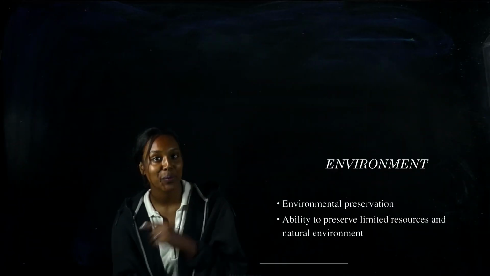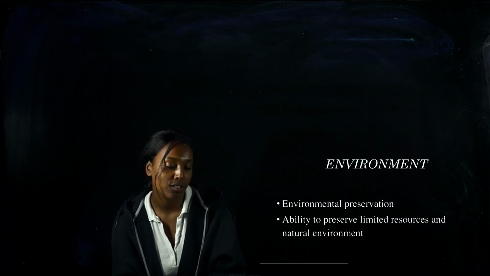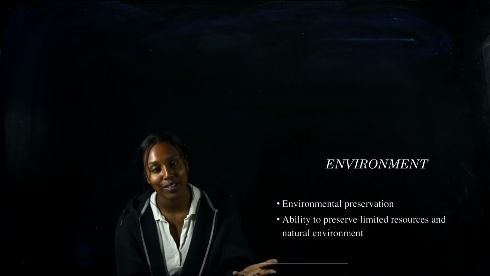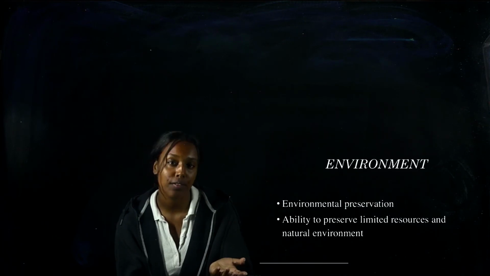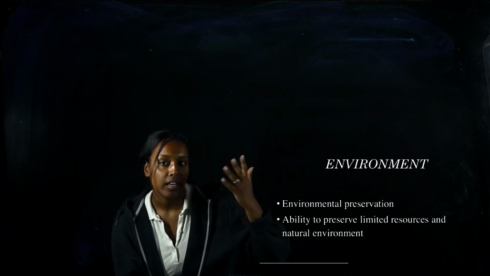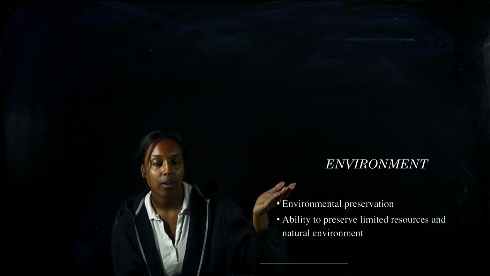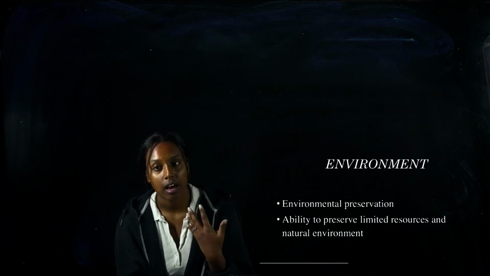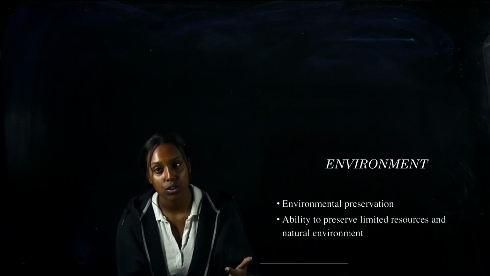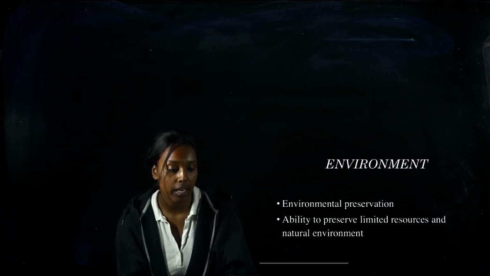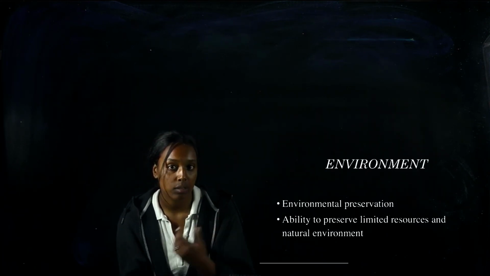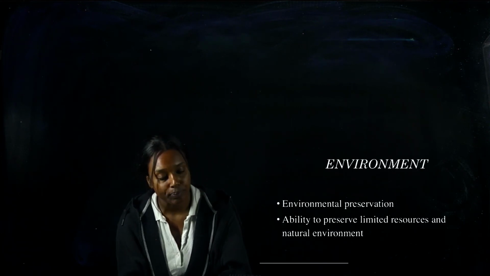First up, we have the environment. So this really speaks to what we learned in the first module. If you recall the Natural Step definition, here we're just reiterating that with mentioning how a company or an industry chooses to preserve the environment and the choices they make with aiming to preserve the limited resources.